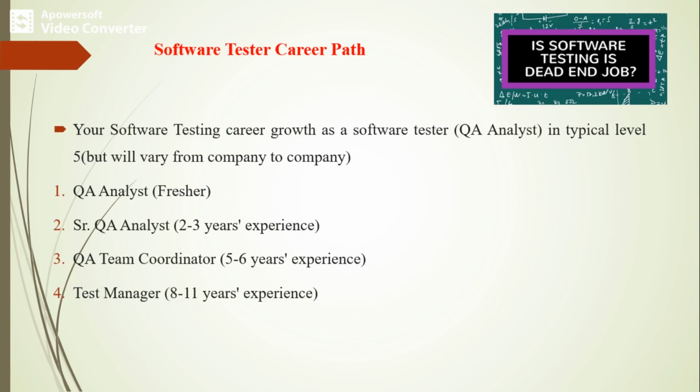Then one more career path is there after becoming a team leader. Your position will not stop there; you can be a test manager, if you have 8 to 11 years of experience in the testing domain itself.